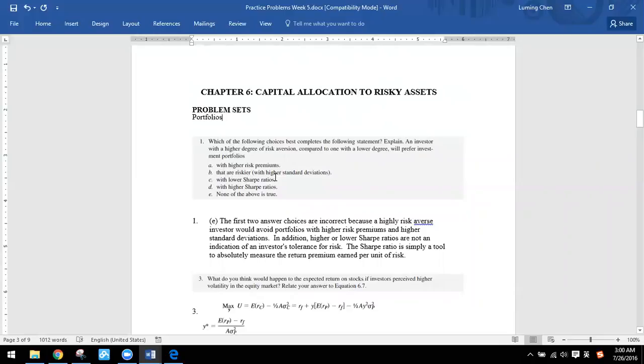Sharpe ratio is the expected excess return over the standard deviation, but the risk aversion only talks about standard deviation, so the Sharpe ratio is not in the investor's consideration. So the correct choice should be E. None of the above is true.